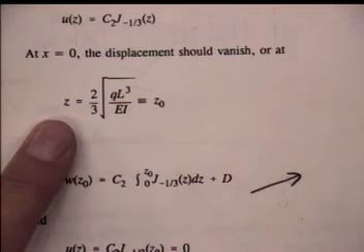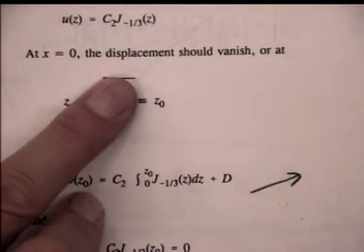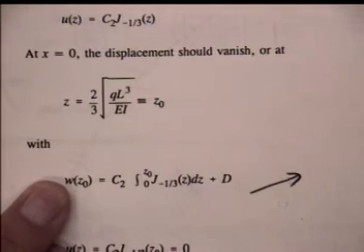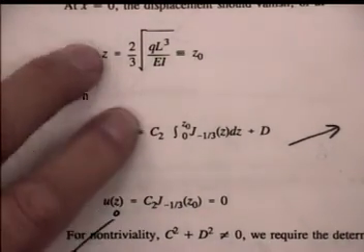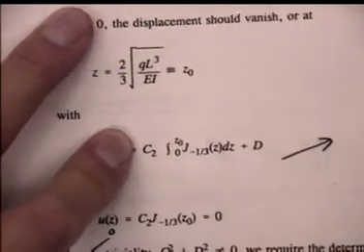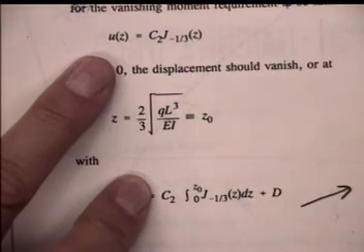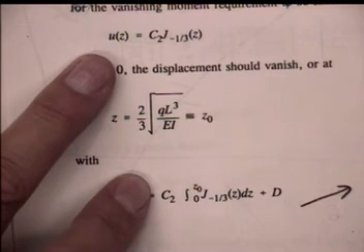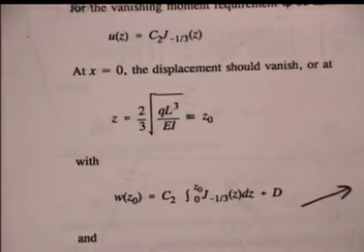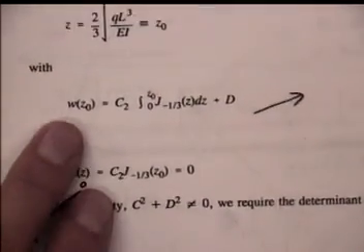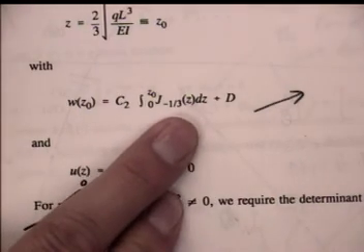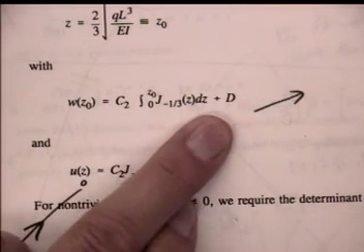So here z, now at x equals 0, displacement should vanish. And now what is displacement? This u, if you remember, was the derivative of w with respect to z. Is it right? u is dw/dz. So in order to find w, we have to integrate. Therefore we get w equals the integral of this expression, plus some constant here.